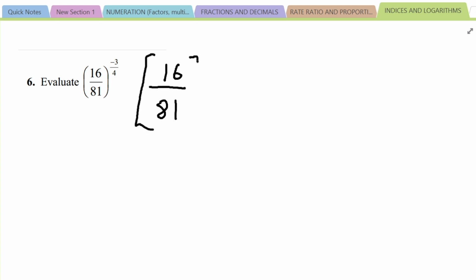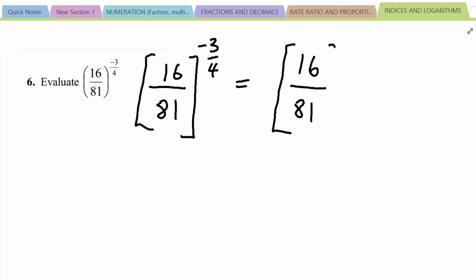If this whole thing is to the power negative 3 over 4, it means this is 16 to the power, 81. But what we are going to do is divide that. You see this is negative 3 over 4, which is the same as saying a quarter times negative 3.